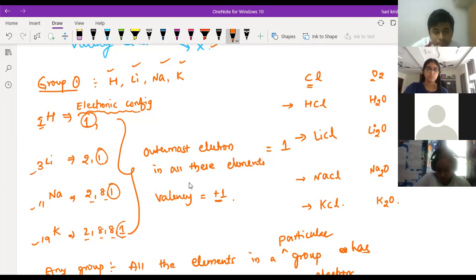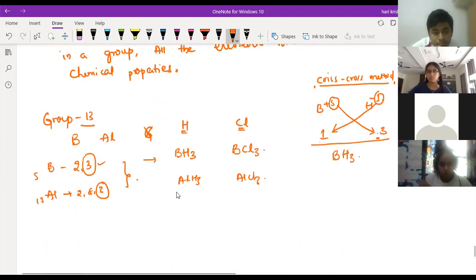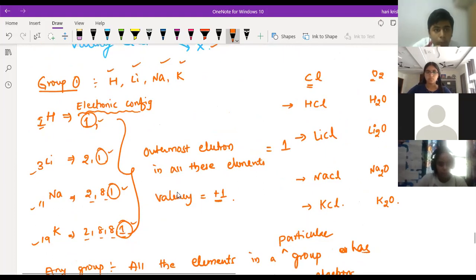So all the elements in a particular group have a similar number of valence electrons. The first group has one electron in the outermost shell, the 13th group has three, the second group has two, and the 14th group has four.